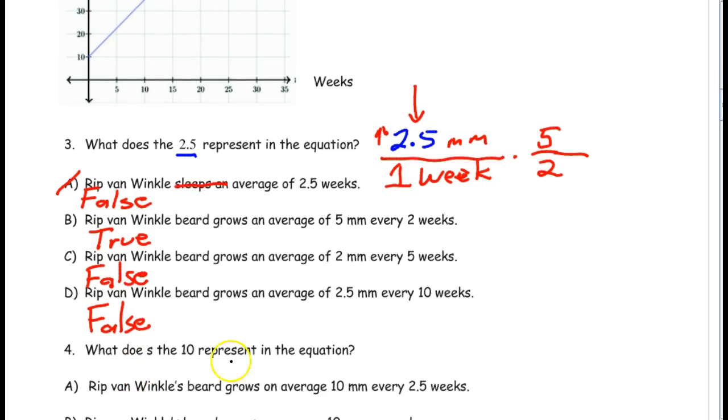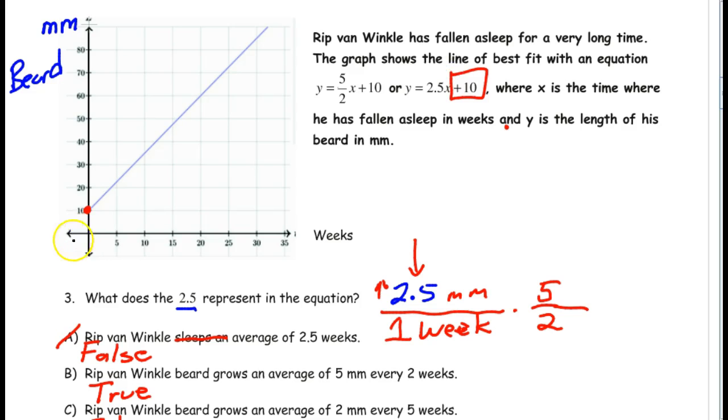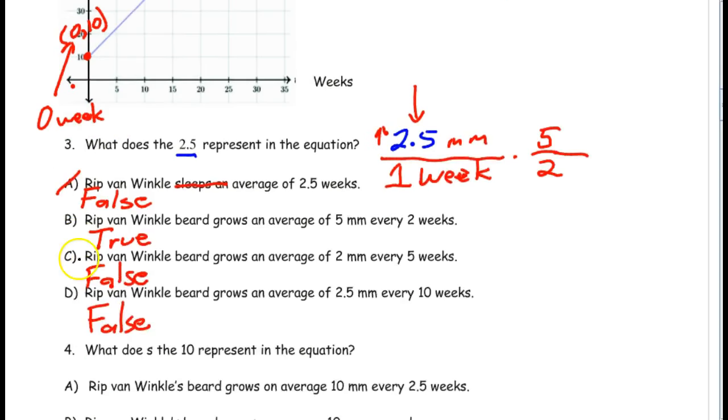Okay. What does the 10 represent in the equation? That's the y-intercept right here, which is the point (0, 10), where the x, the 0, is talking about weeks. So that's basically at 0 weeks, the beard is 10 millimeters long. Another way of saying that, when we started keeping track here, it was already 10 millimeters long.